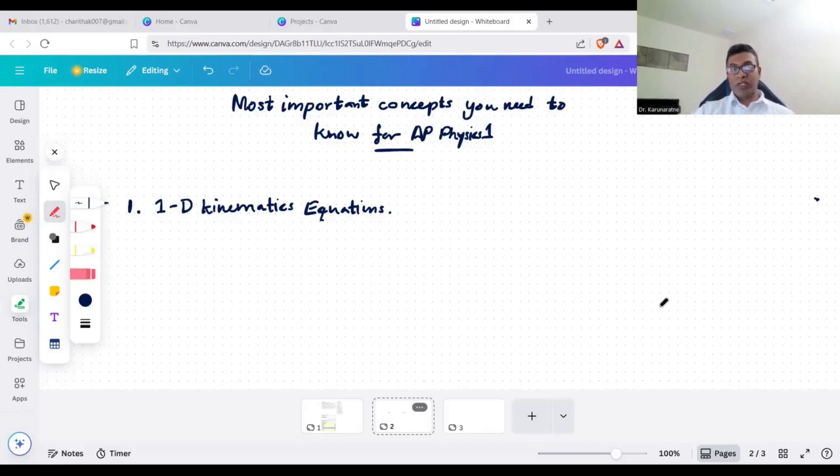There are three equations that you should know. I'm going to write them down, and later in my lecture series I'm going to dive deeper into these equations and explain them. But right now, this is just stating the key concepts that you need to master for AP Physics 1.